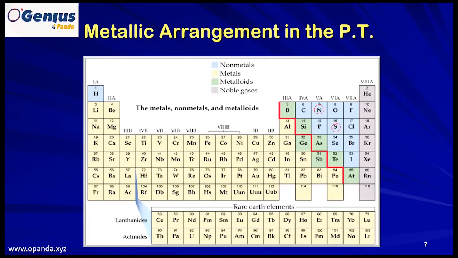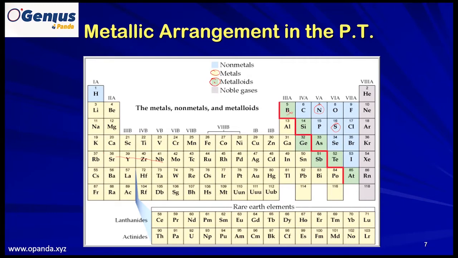Okay? And we also have metals, the ones in the yellow color. These are called metals. So in the periodic table, we have metals, we have non-metals, and we also have elements. You see them here in the green color.